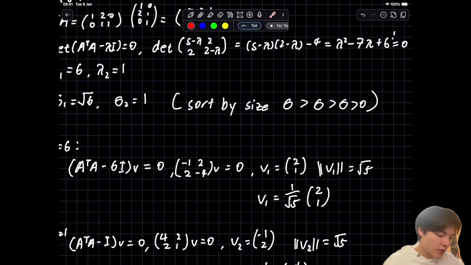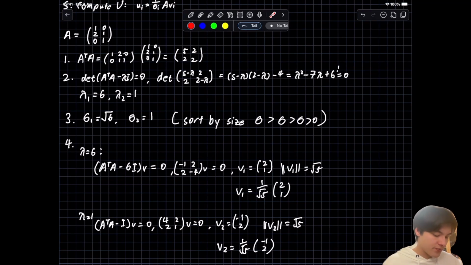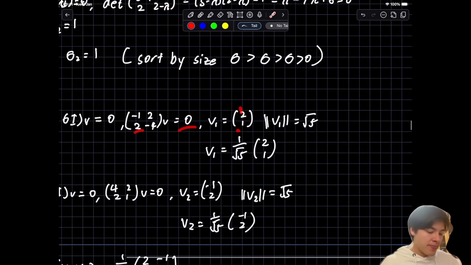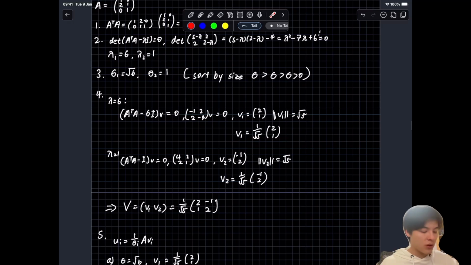So if we move things, 2x times minus 1, so minus 2x equals 2y, right? And if we move it to this side, it would turn from minus 4 to 4, so it's 2 to 1. What is the norm of it, as in the length of it? Square root of 5. So our v1, we normalize it to 1 over square root of 5 times (2, 1).